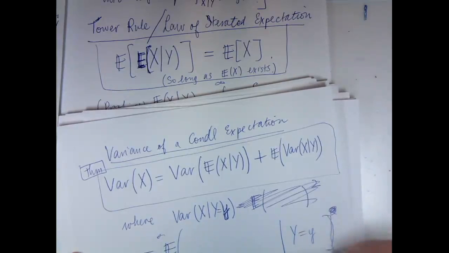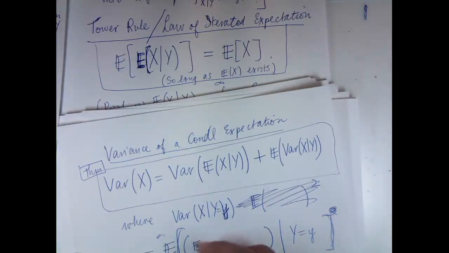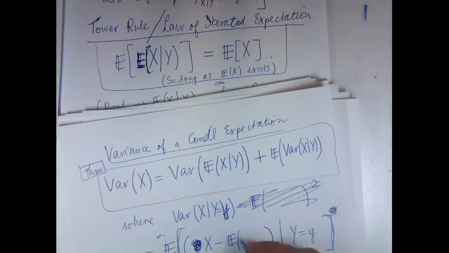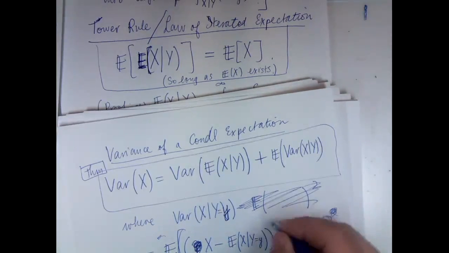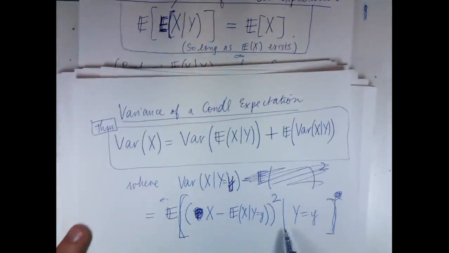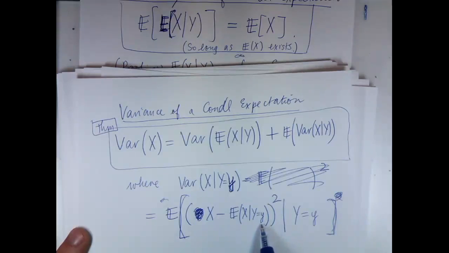Conditional on y equals y, I have to take the square of the deviation: the expected value of x minus its expected value given y equals y, squared. So you do everything in y equals y world. It's just taking that horizontal cross-section y equals y. On that cross-section, I take the variable itself and its mean on that cross-section, and I square the difference.